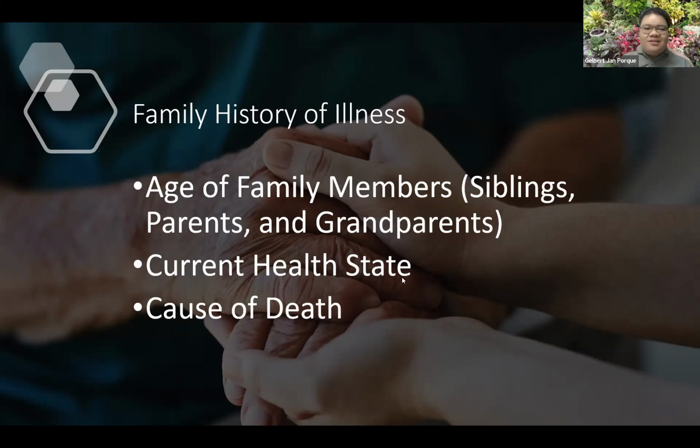Yes, diabetes, the lifestyle diseases. Diabetes is a very good example. What else? Yes, cancer. And for cancer, you need to specify the specific type of cancer that your patient is experiencing, or the specific type of cancer that the family member is experiencing.